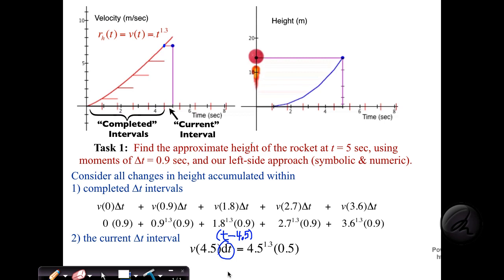So this dt was t minus 4.5, or in general, numerically speaking, it's 5 minus 4.5, using the specific numbers of the problem instead of symbolically. 4.5 is not a symbol, but we'll get into how I describe in general the beginning of an interval. Well, we'll get to that.